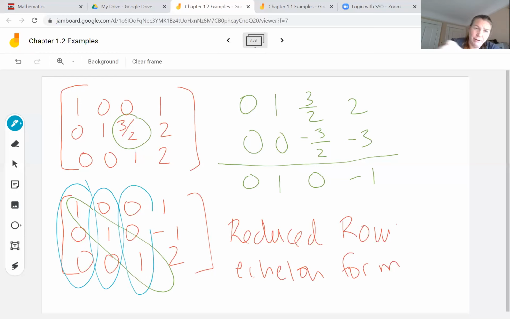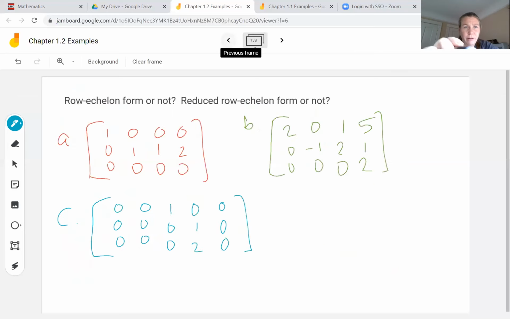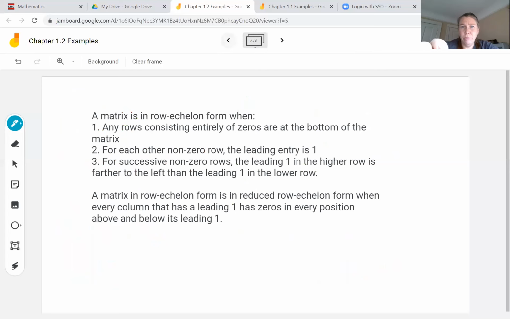And then for column 3 here, we have a 1 in position 3, 3, right on the diagonal, and zeros everywhere else. Remember, this last column is our augmented solution column vector, so it's just fine for it to have any value in there. All right, so that's the definition.